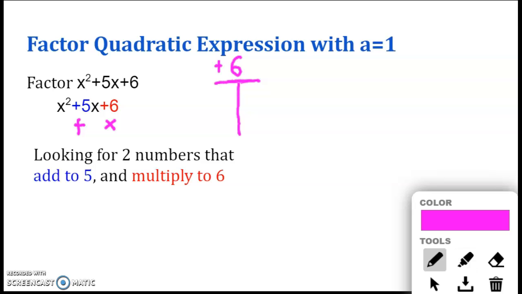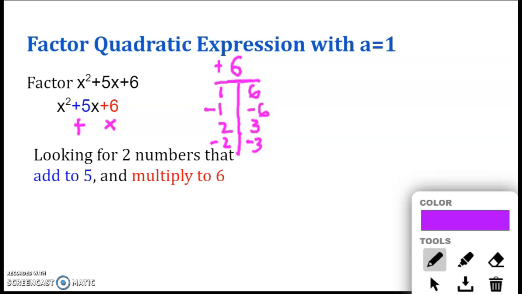Well, 1 times 6 would work, but negative 1 times negative 6 would also work. And 2 times 3 is 6, and negative 2 times negative 3 is also 6. Okay, so those are my 4 factor pairs.